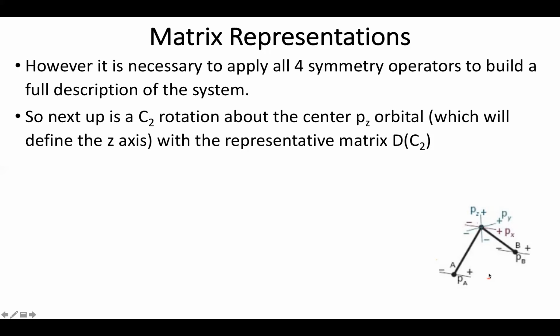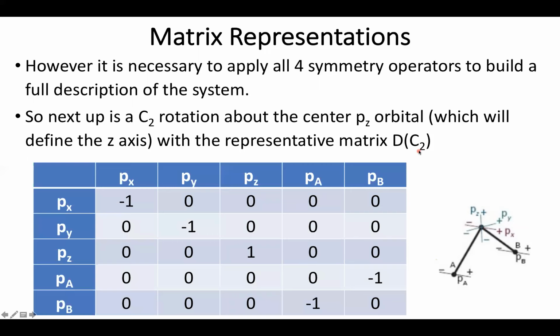So in this case, my z direction points up into the plane, and we can go ahead and describe how each of these orbitals move with their own representative matrix, the representation of C2. If I do a 180-degree rotation about this axis, px will stay put, but it will flip directions.